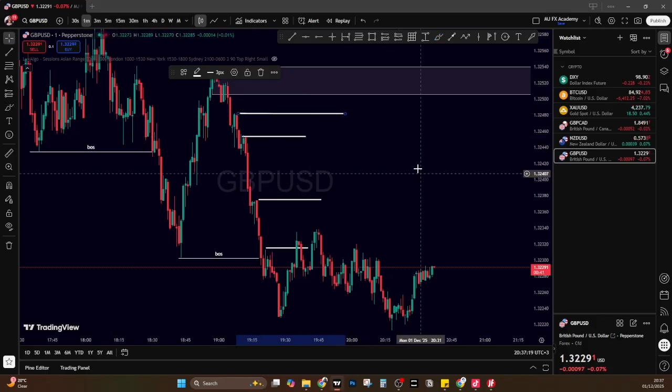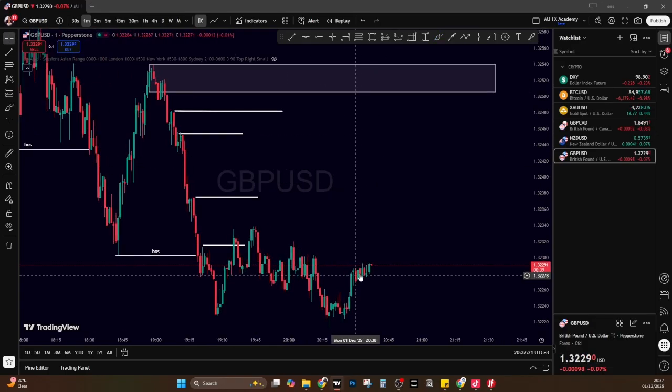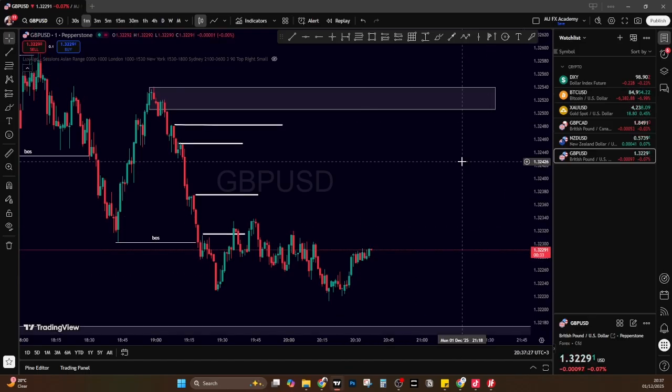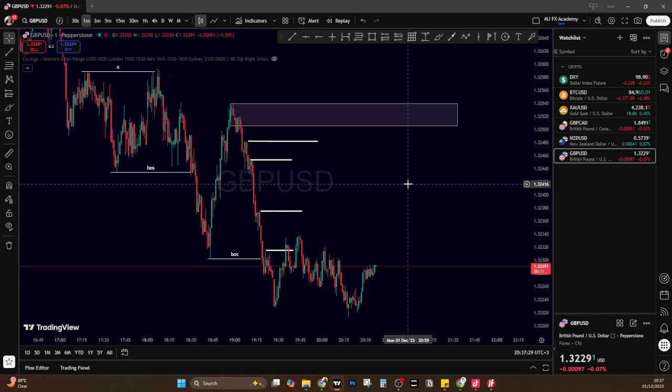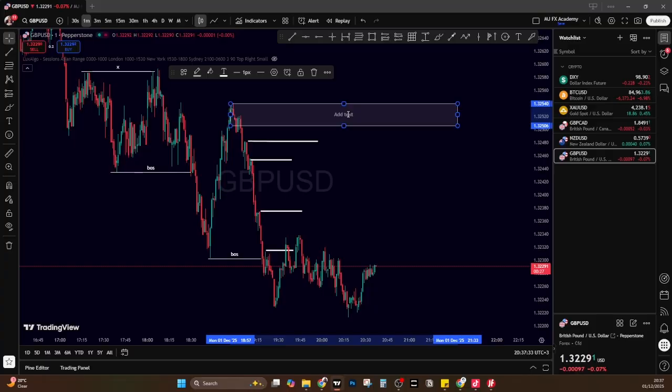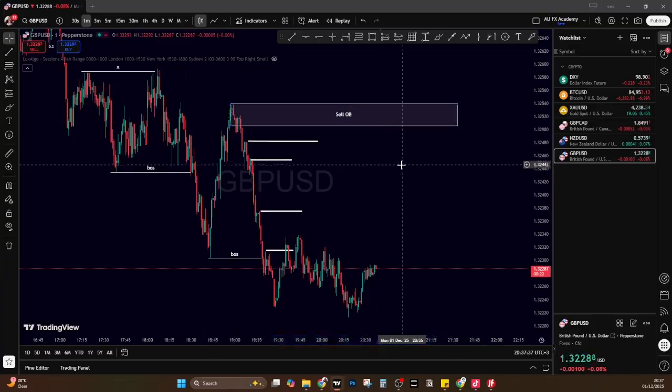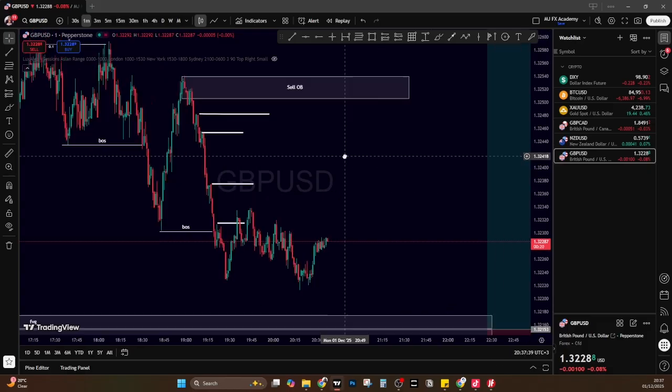And the market will come back, take out all of them before continuing going down. So this is how you trade a retest. So what do we call this? Sell order block. That's how you trade a retest.